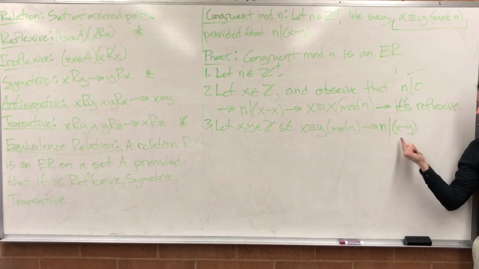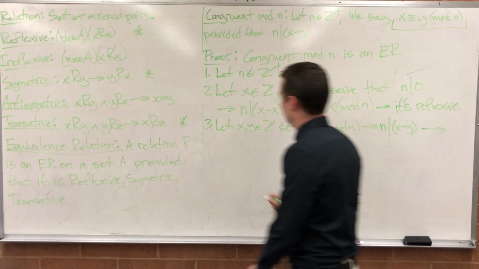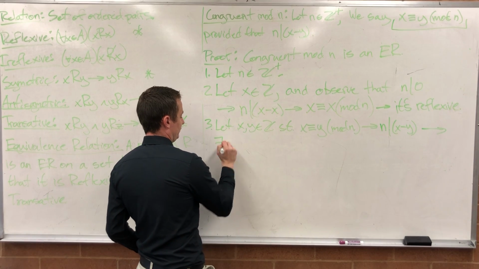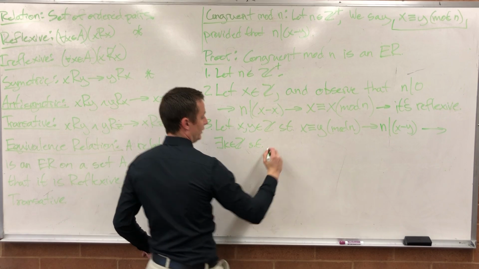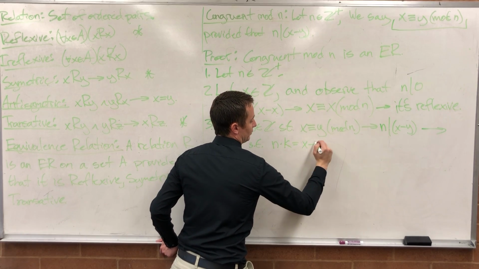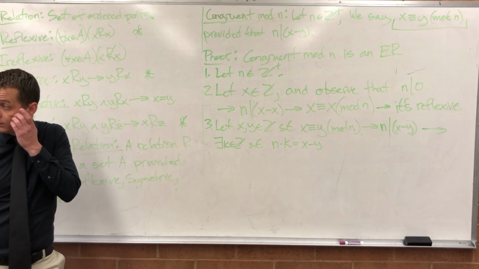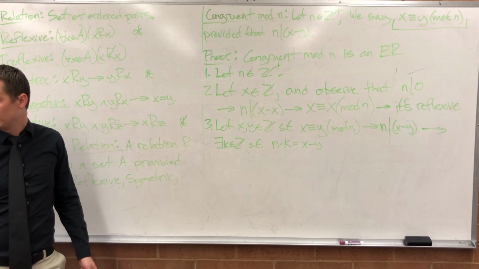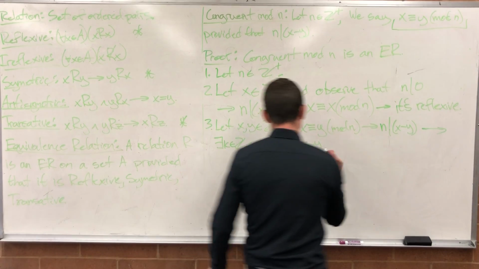What does it mean for n to divide x minus y? There exists an integer k. Perfect. It means that there exists k in Z such that n times k is equal to x minus y. Now we can multiply both sides by -1.